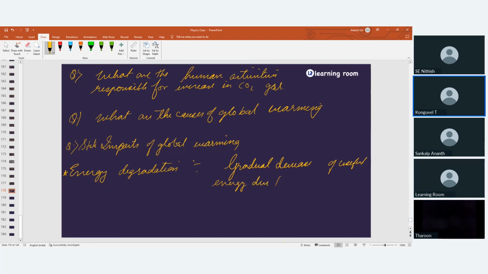Energy loss due to radiation is called the degradation of energy.